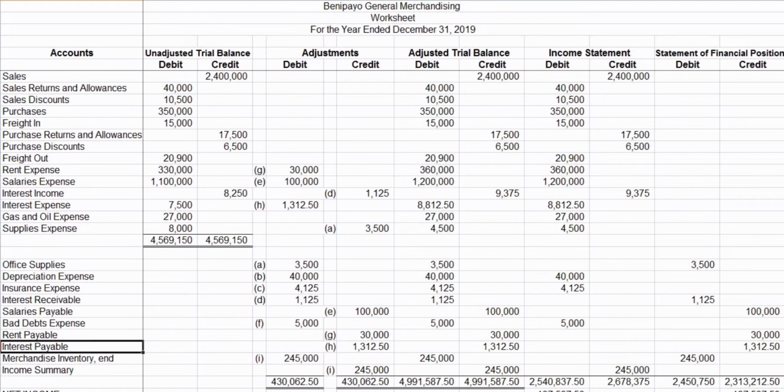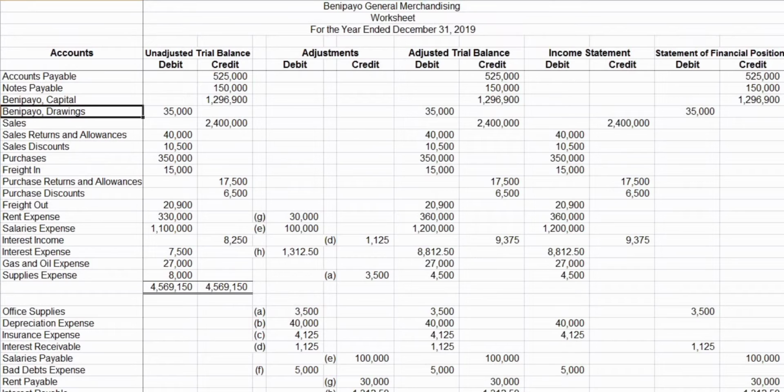First, with regards to the withdrawal or drawing account. These Benipayo drawings. This account, as you may already know, must actually appear in what financial statement? In the statement of changes in owner's equity.